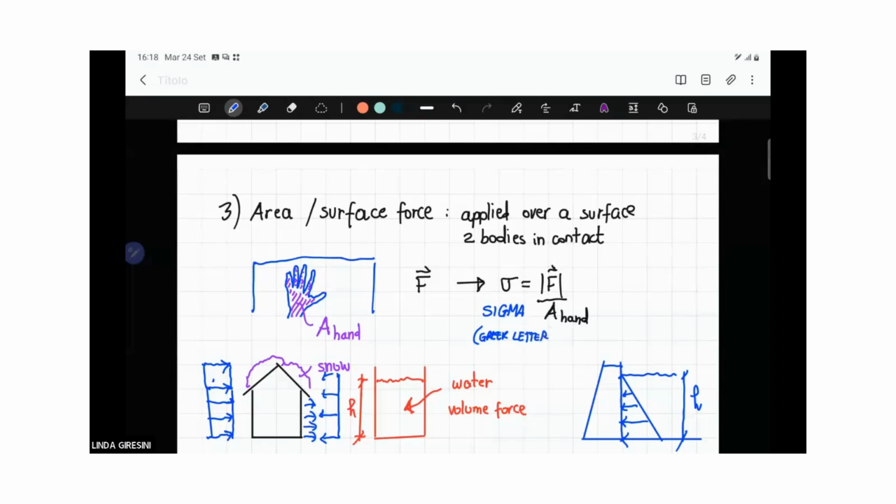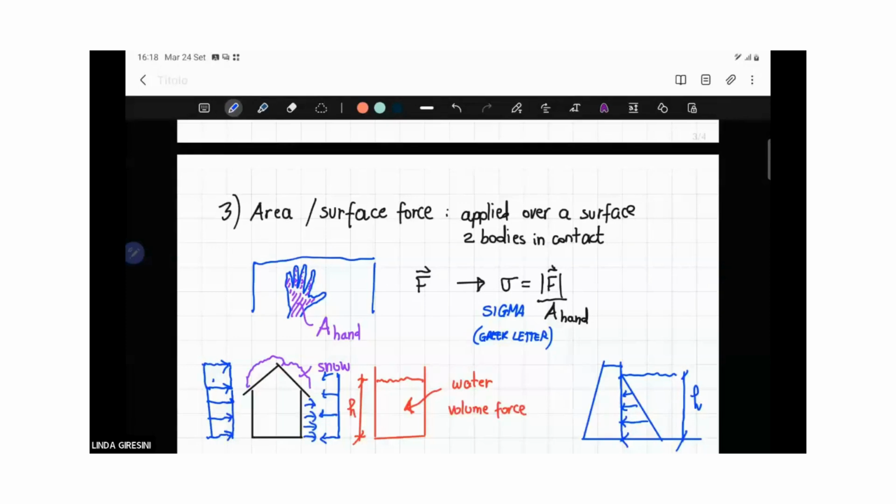It's generally used for stresses, pressures. And it's a small letter. Okay. Yeah, they will be very much used.